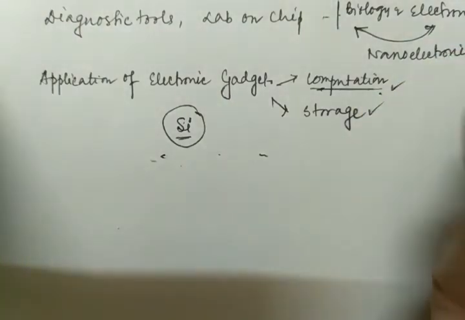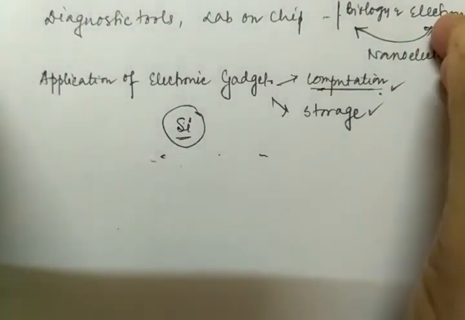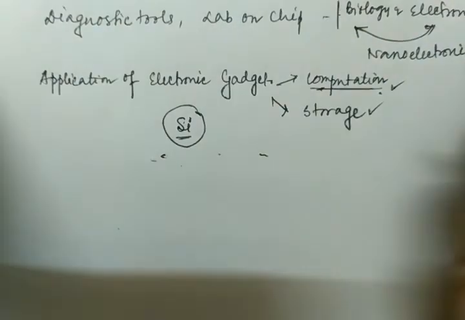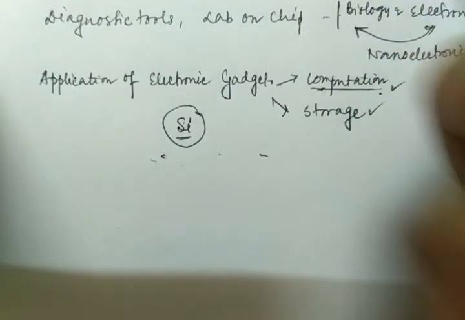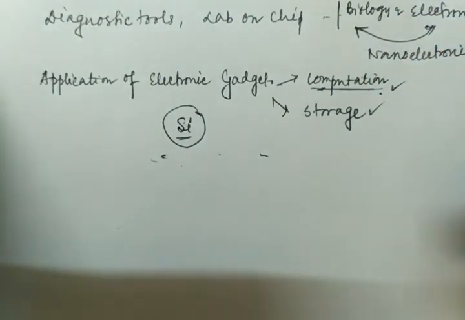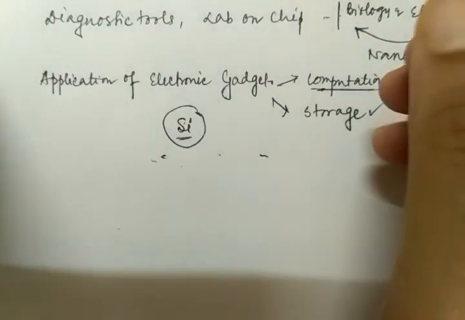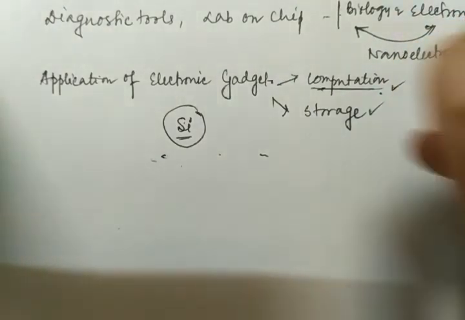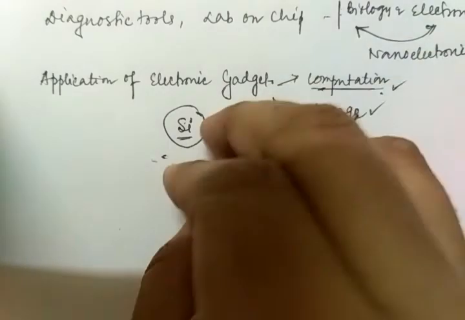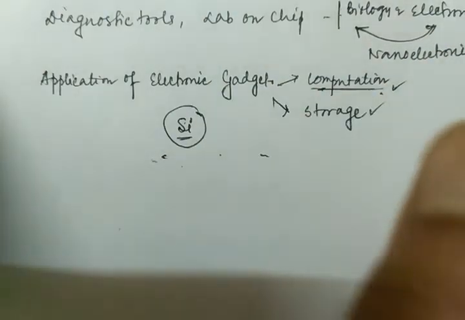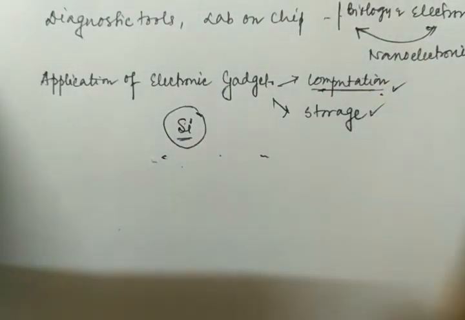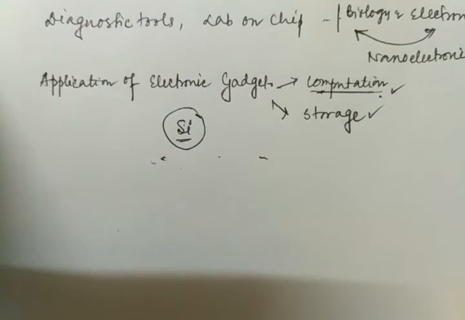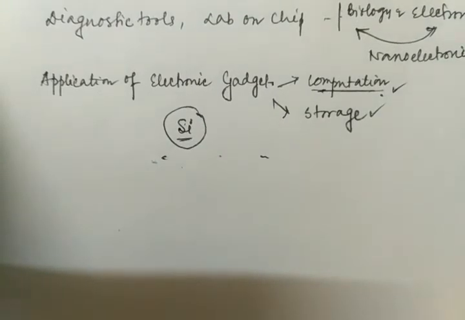Whenever we think about a device, its storage capacity, efficiency, size, and area should all be very optimized in order to get the proper output, and this is only enabled using nanoelectronics and nanotechnology, right?